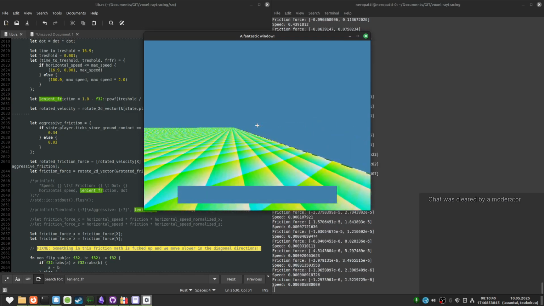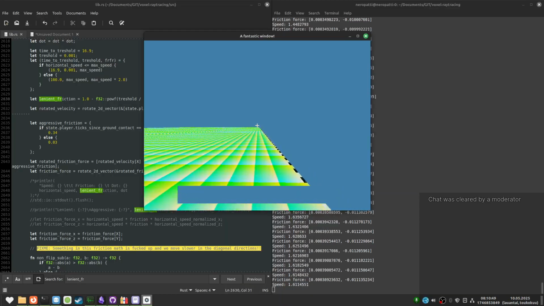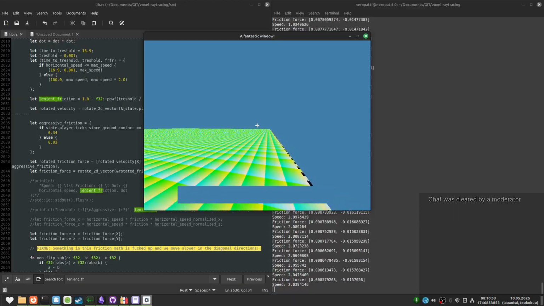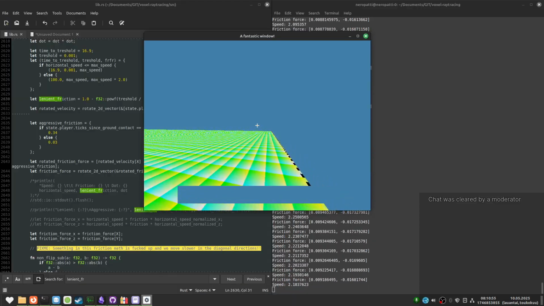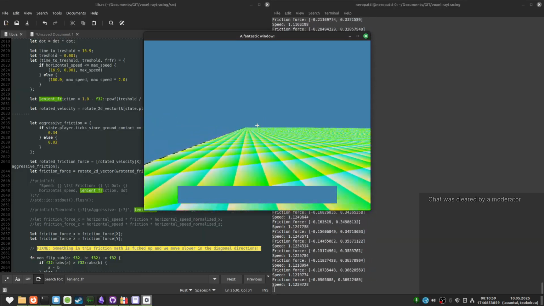Like it doesn't want to turn the velocity until we're going slow enough. That's how it feels. Like this autocorrect in the movement. It feels very, very off.